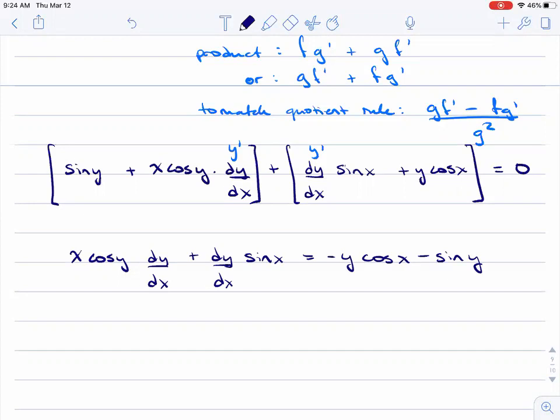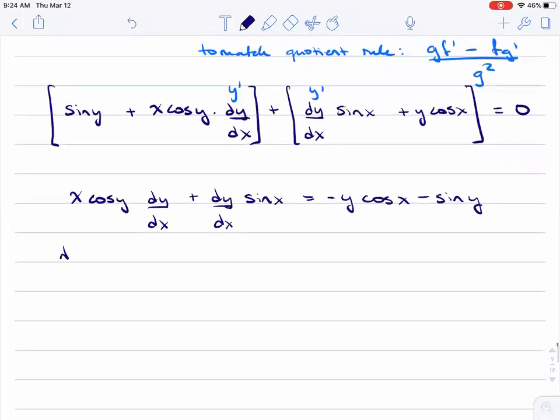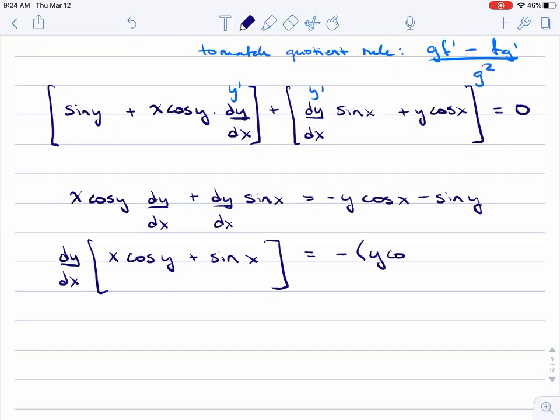I can pull out that common dy dx. So I get dy dx times x cos y plus sine x equals, and I'll pull out that negative y cos x plus sine y. Not that it matters, but it just looks nicer, maybe.